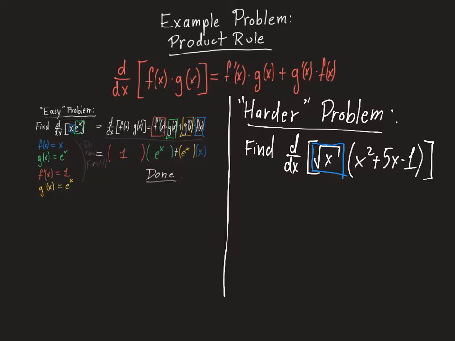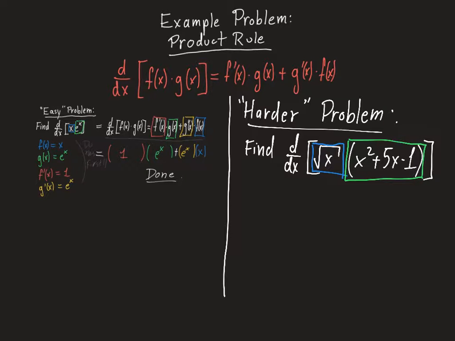In the second position, in green, we have the function x squared plus 5x minus 1. We're going to call this one g of x. Now we know that this is going to require product rule because these two functions we're working with are being multiplied together. Whenever there's a multiplication, you know you have to use product rule.